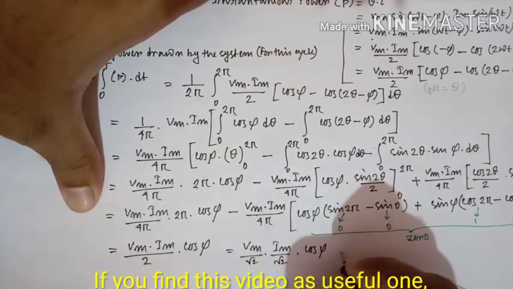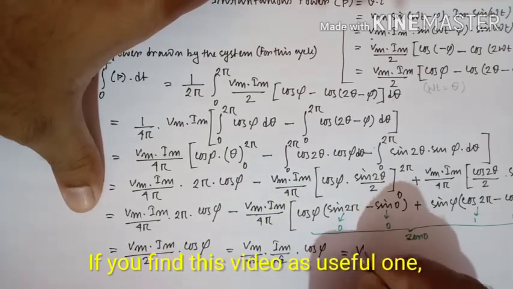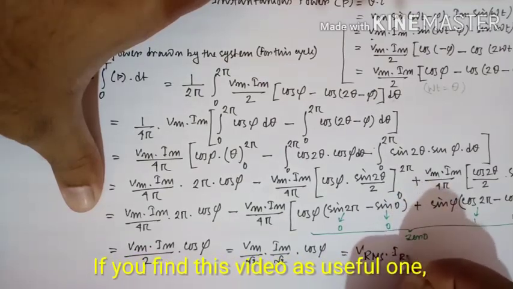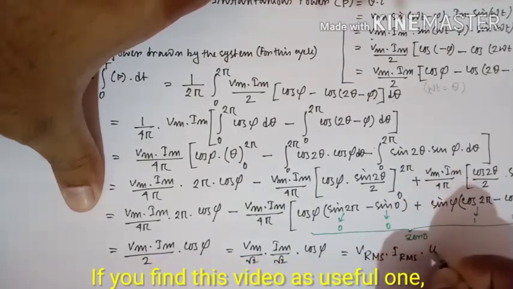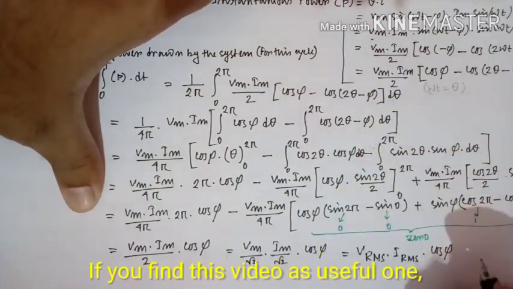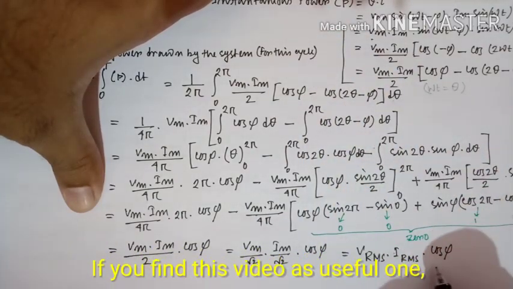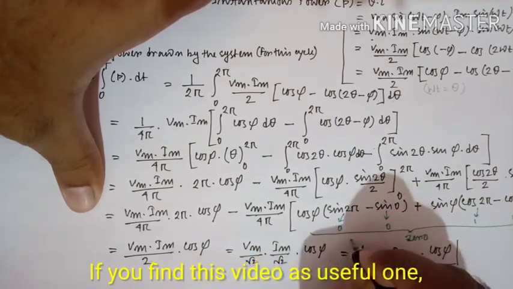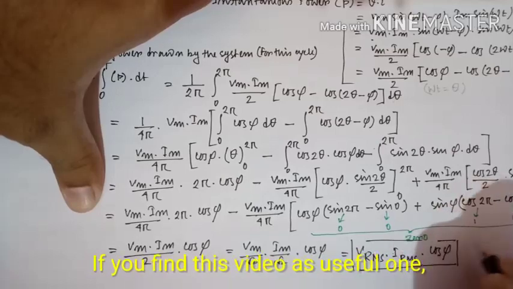Now Vm by root 2, Im by root 2 is basically their RMS value. So this is Vrms multiplied by Irms into cos phi. That is what we write down normally as VI cos phi. So this is the equation, and that is how it came into picture.